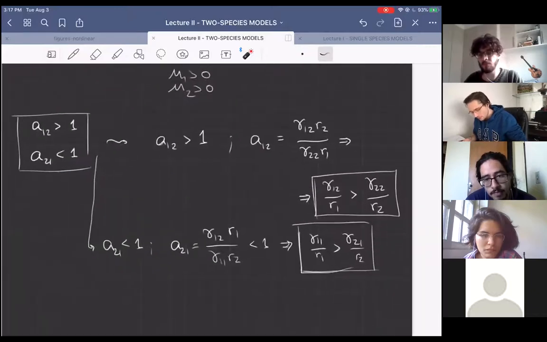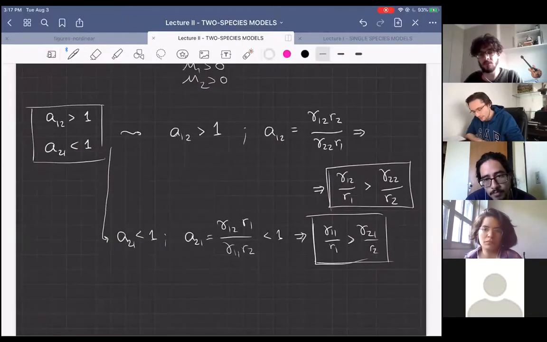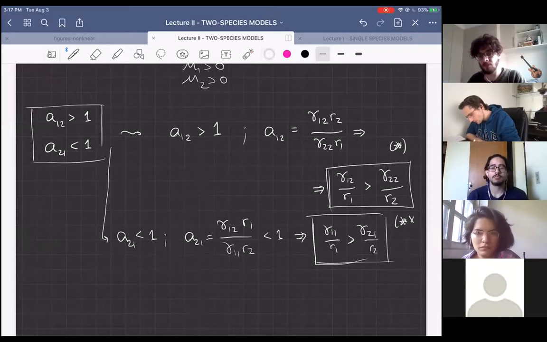So basically what these two conditions are telling us is that I'm going to use 1 star for this and 2 stars for this.